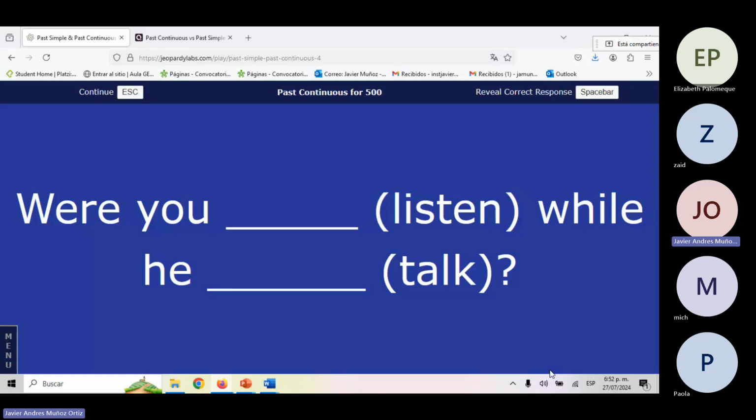Okay, were you listening while he was talking? And the answer, are you sure, Elizabeth? Do you want to bet $50 million? Instead, $100 million. Are you sure for $100 million? Yes or no?